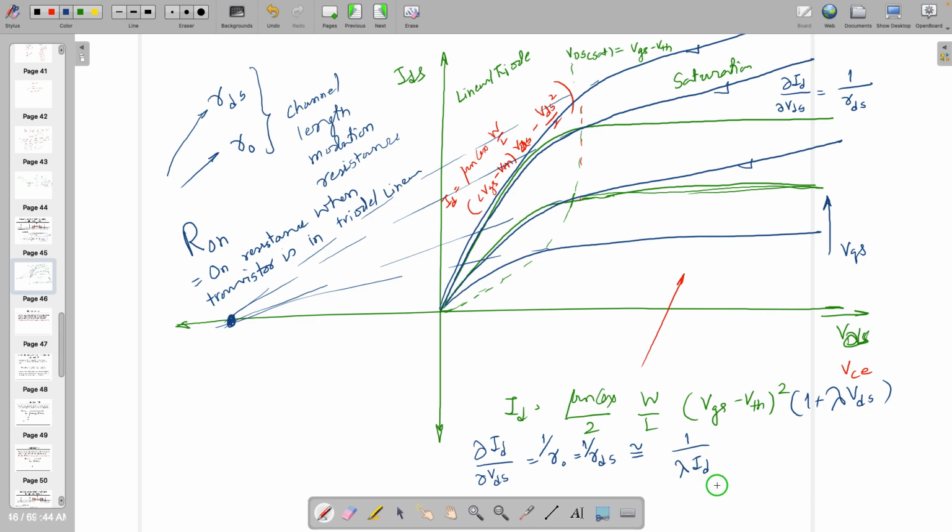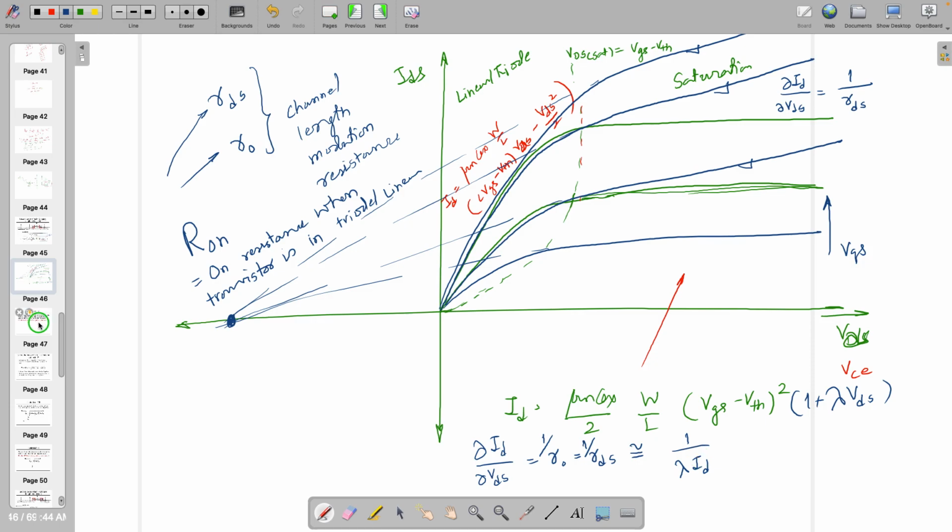That's also the correct one, right? If you solve it, you will see that 1 by RO is equal to 1 by lambda ID. So that's the answer for this one. Okay, so you can keep it somewhere in your mind. This is the simpler one. RO is nothing but 1 by lambda ID.